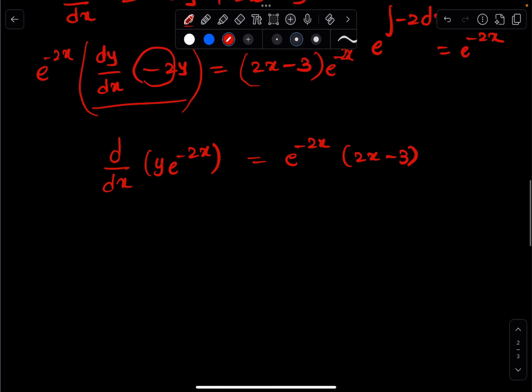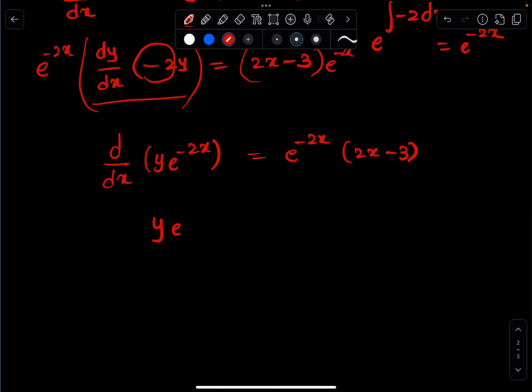So now integrate it on both sides. When you integrate that, your left hand side will be this thing and your right hand side will be the integral of e to the power minus 2x multiplied by 2x minus 3.